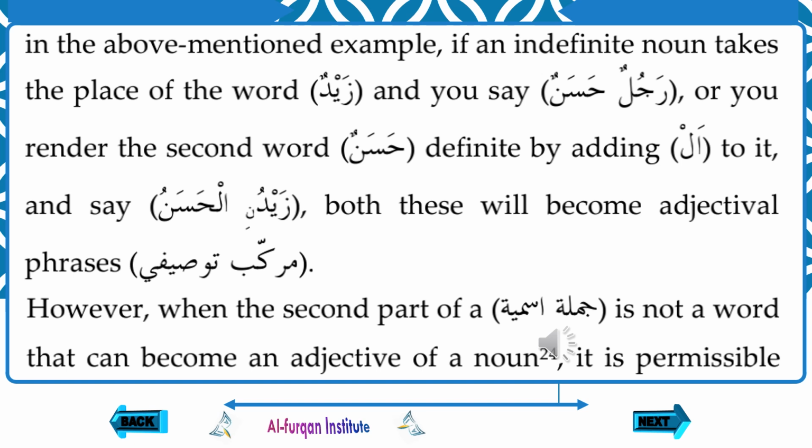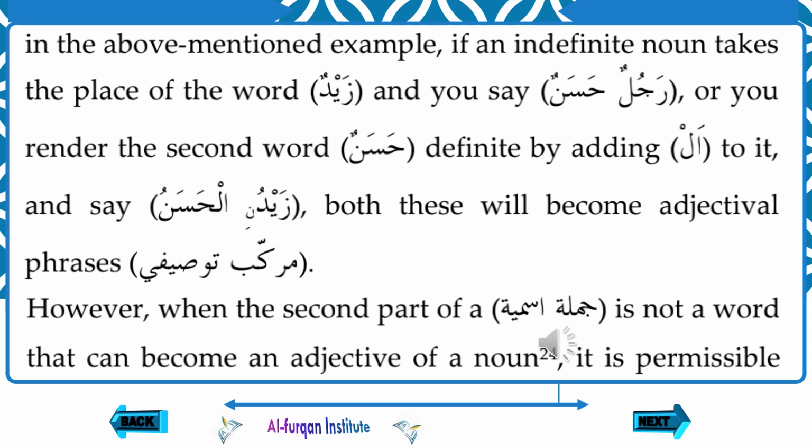What to understand is that the difference between a jumla ismiya, the nominal sentence, and the murakkabun tawsifiyun, an adjectival or descriptive phrase, is based on the definiteness, that is being definite or indefinite, of its parts.